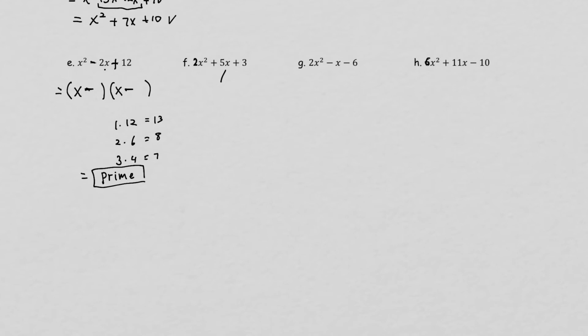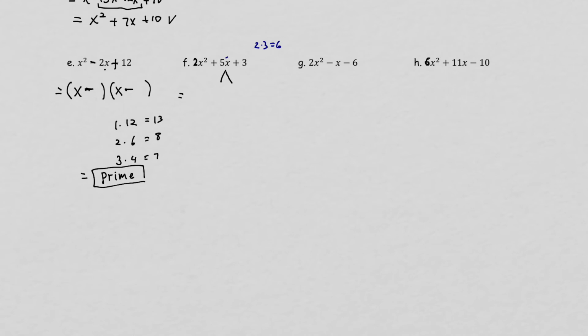So we want to stretch out the middle term to make it 4 terms so that we can use grouping. But then we cannot just use any number. We need to multiply the leading coefficient times the constant, which is 2 times 3, which is 6. So factors of 6 that give you addition or subtraction of 5, that's the number that we're going to end up using.